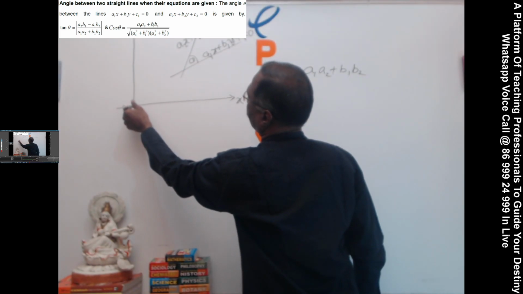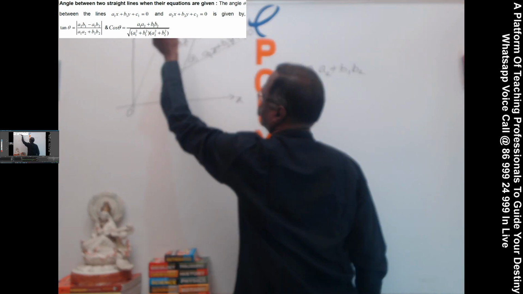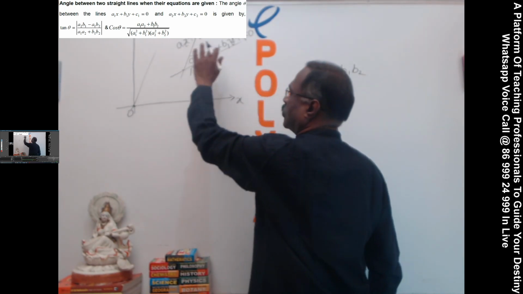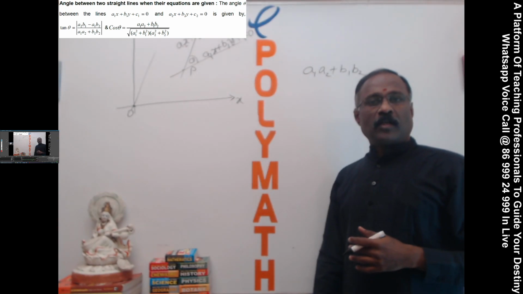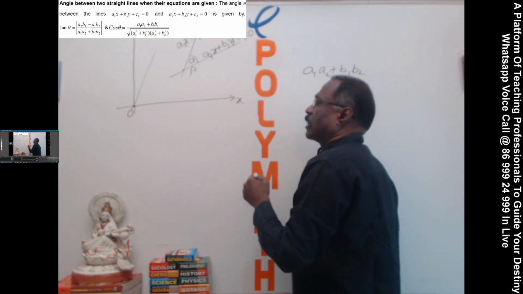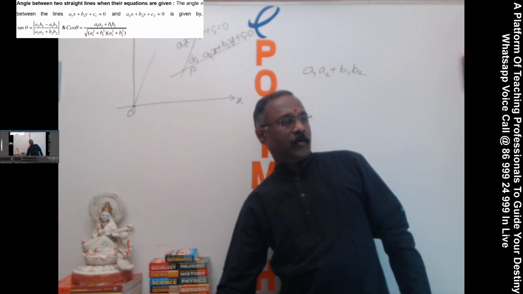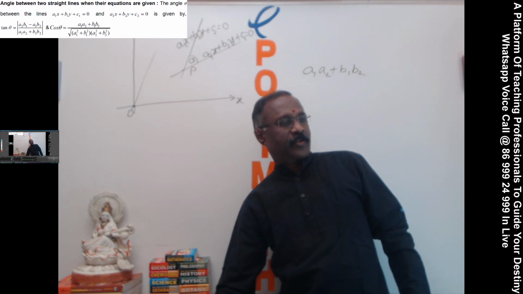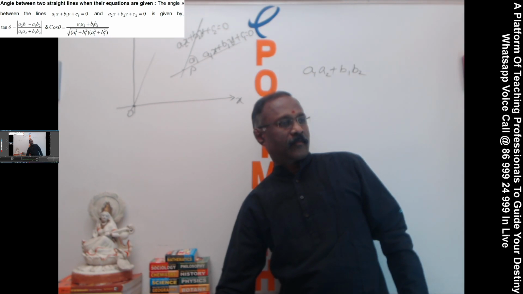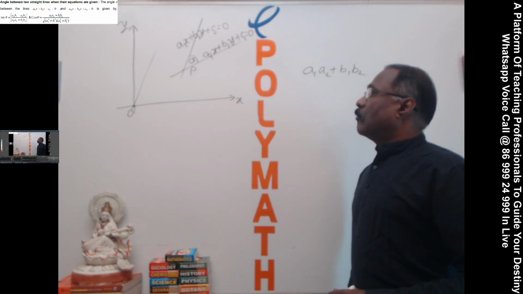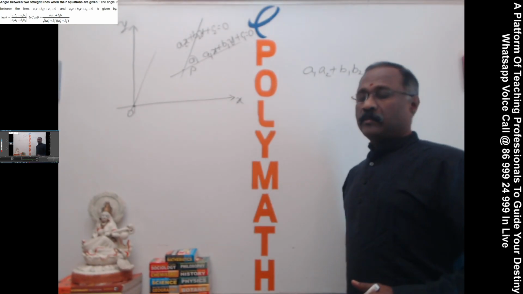Now to ease the derivation, we shift the point of intersection to the origin. That means we are shifting the origin to P. Thereby the line equations will be reduced, without constant.